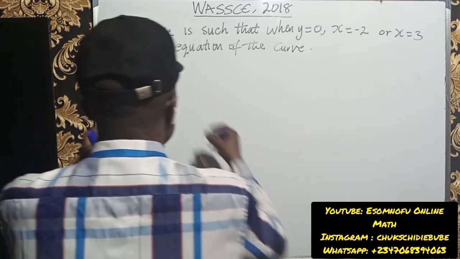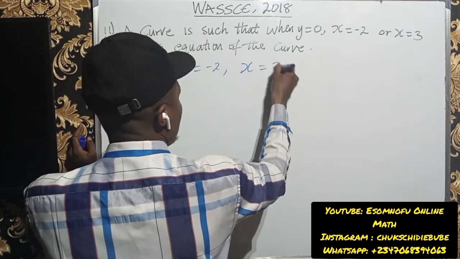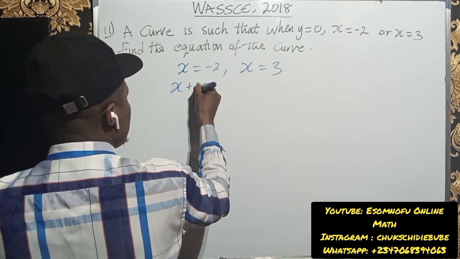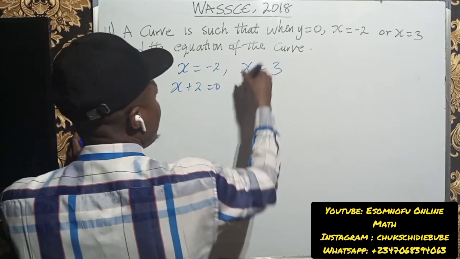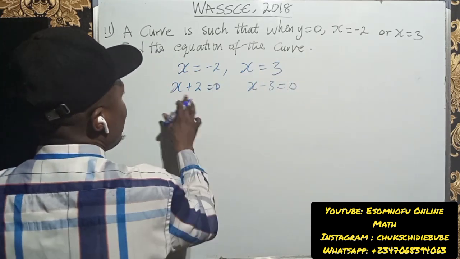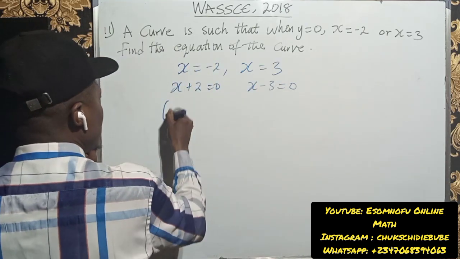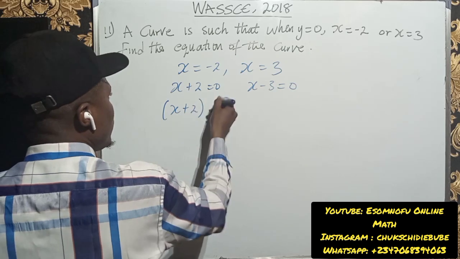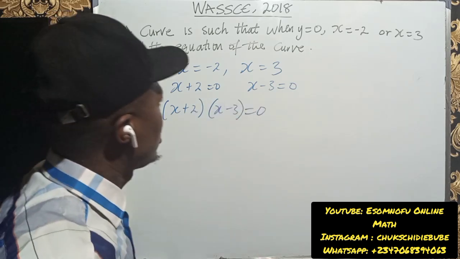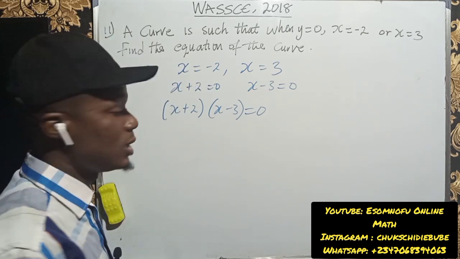So now we are told that x is equal to minus 2 and x is equal to 3. From here, crossing over, we will have x plus 2 equals 0. From here, we'll have x minus 3 equals 0 when they cross over. And remember, the product gives us the quadratic equation. So you can say x plus 2 into x minus 3 is equal to 0. By the expansion of this bracket, we shall get the quadratic equation.